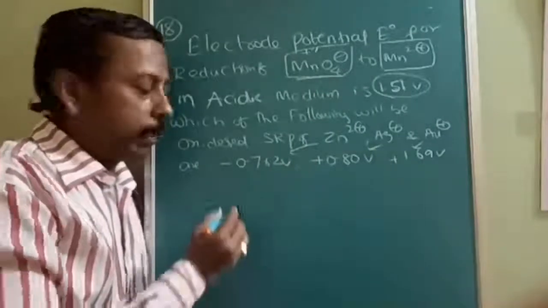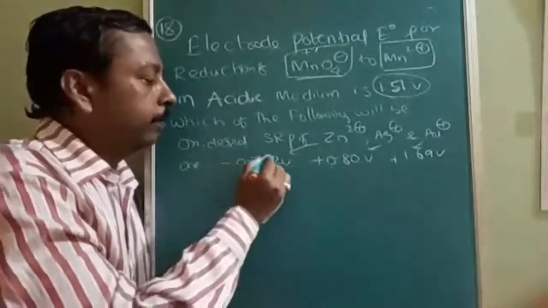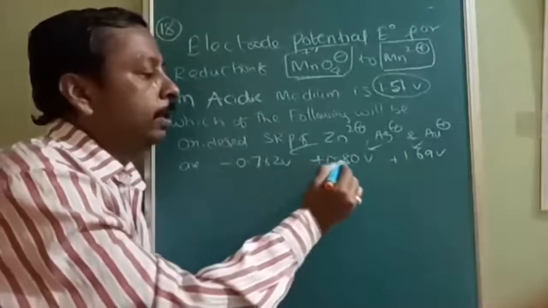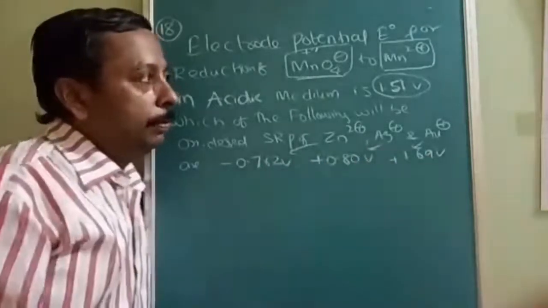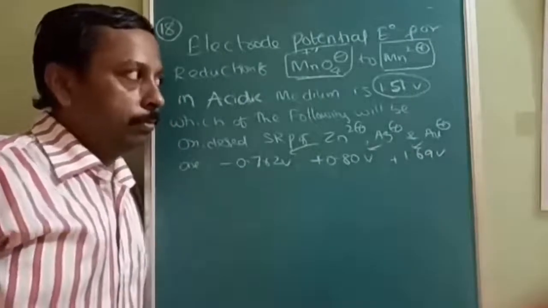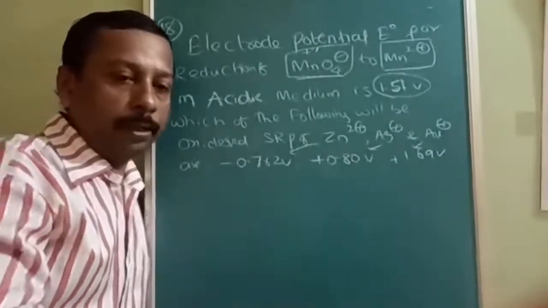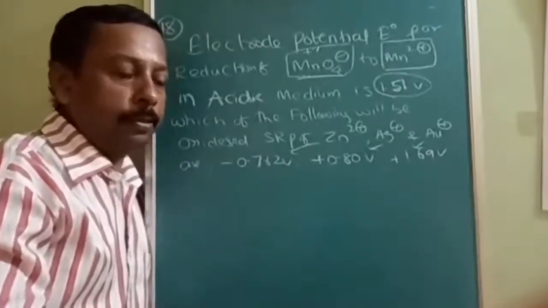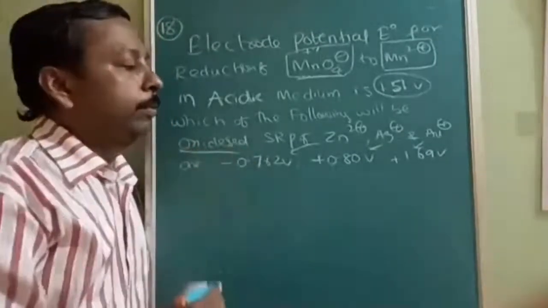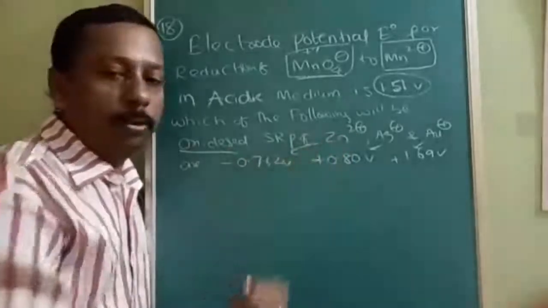The values I am reading out: 0.762 for zinc, plus 0.80 for silver, and 1.69 for gold. You have to identify which elements can be oxidized: zinc, silver, gold.